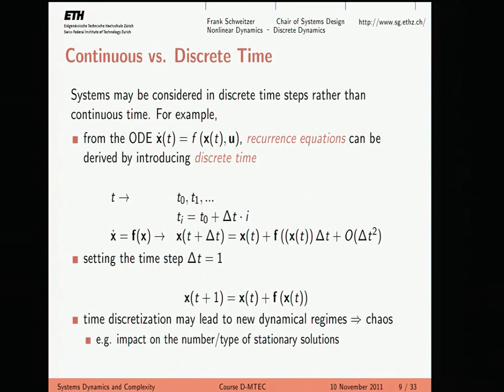Well, actually, I have to draw it. So imagine you have this function, for instance.